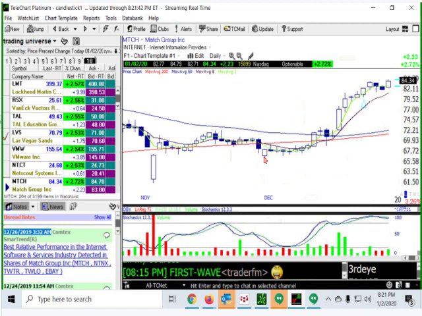Now, what is the fallacy of finding stocks in the oversold condition in this market? Well, obviously, this market's been in an uptrend for quite a while. That's pretty much telling you if you've got a stock that's in an oversold condition, something's wrong. So what are we looking for when we're going through a search real quick like this?